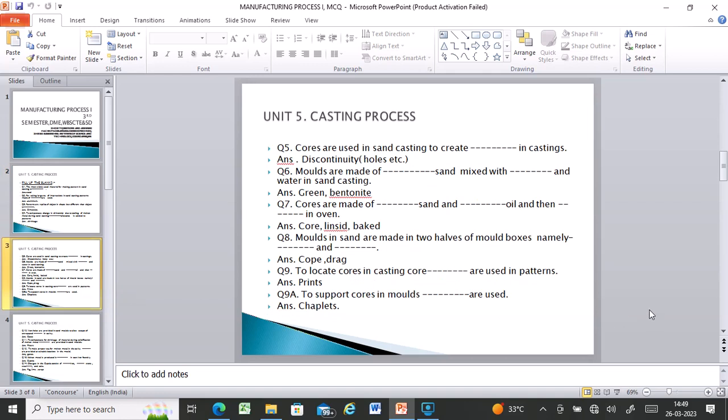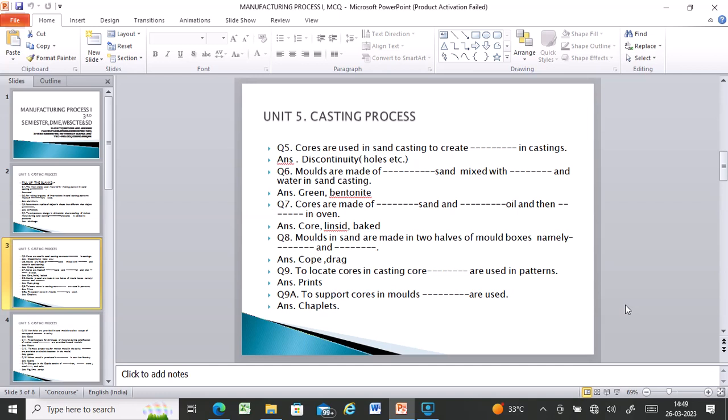Cores are used in sand casting to create dash in castings. Answer: discontinuity, which means holes, etc. Question 6. Molds are made of dash sand mixed with dash and water in sand casting.